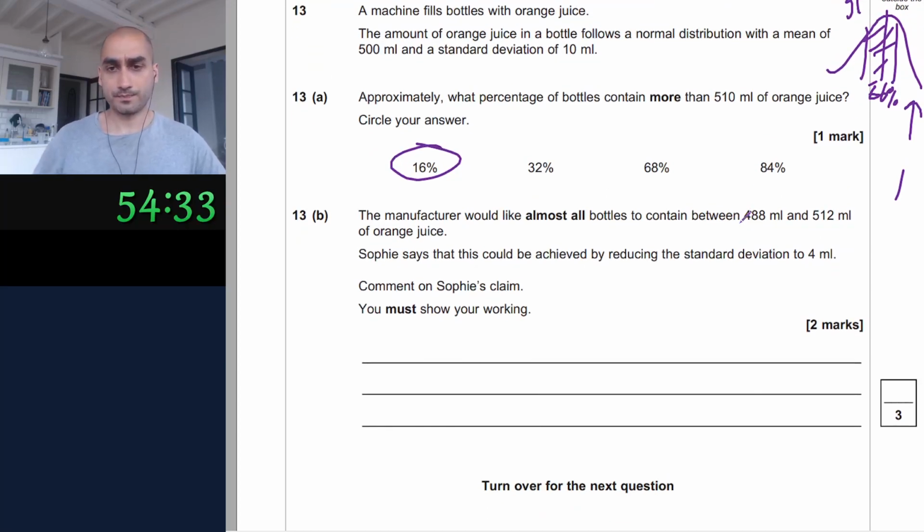So this time we've got three standard deviations.